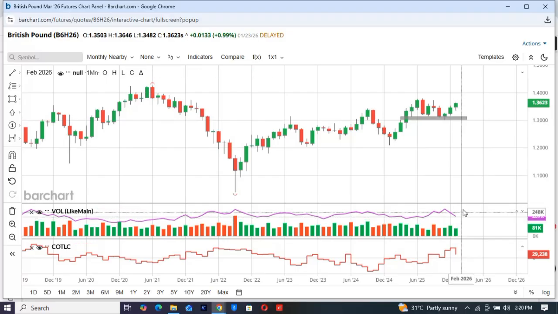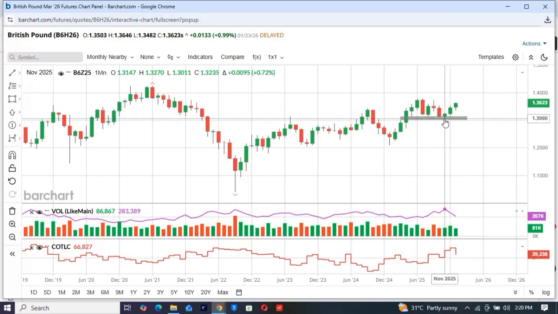So as price reached for this PD array over here, we saw a reversal. We saw a decline in open interest. Open interest, that is the net total of shorts in the market over here, began to decline.